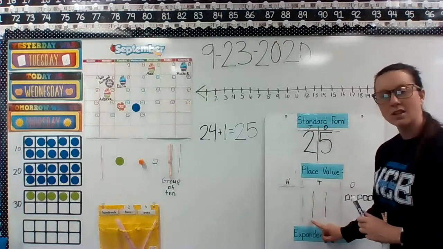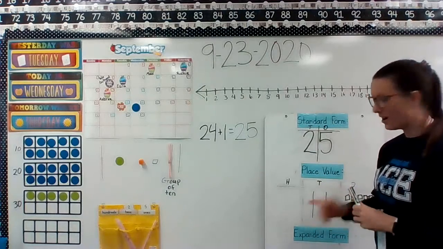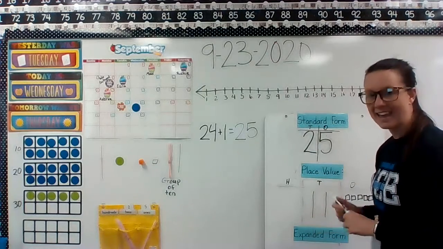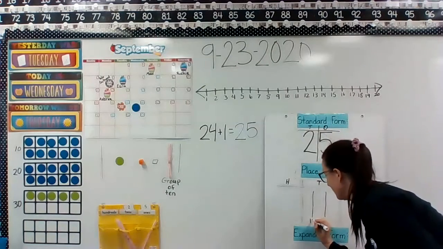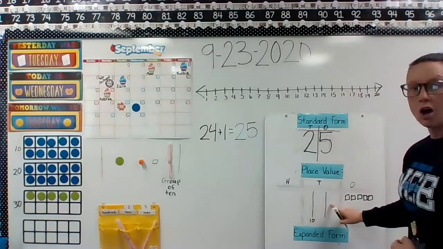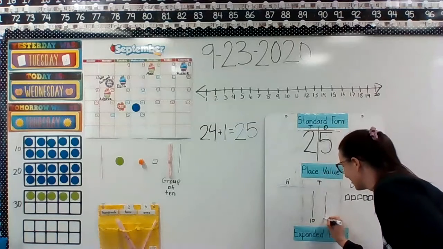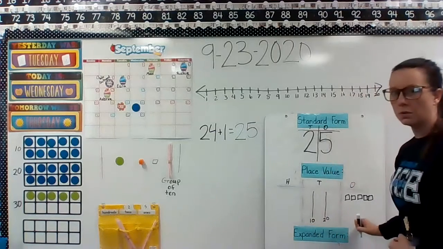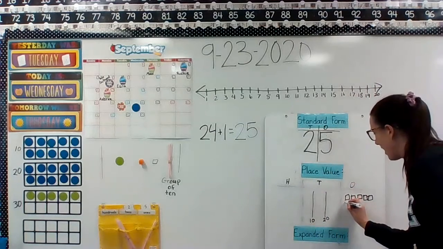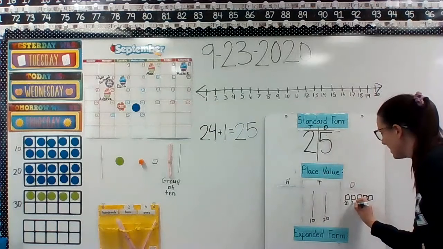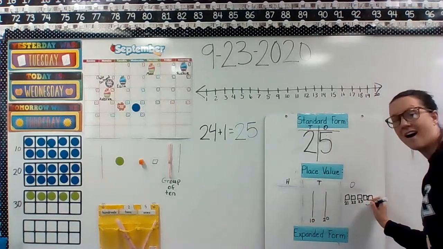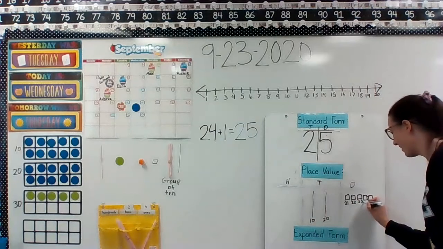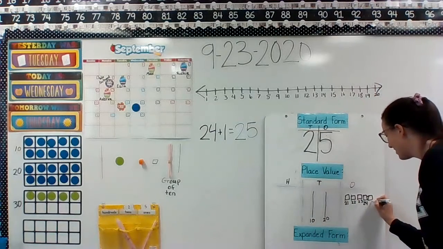So let's see. Let's start with the 10s, remember? 10, I'm even going to write it just so I don't forget. 10, 20, ooh, now let's see, 21, 22, 23, 24, good, and 25.